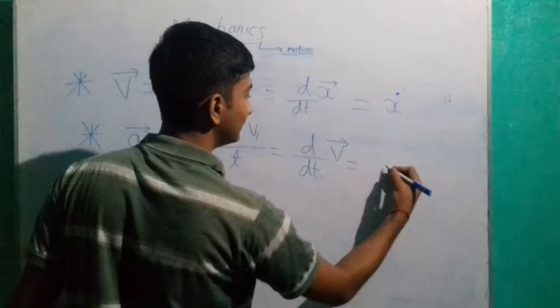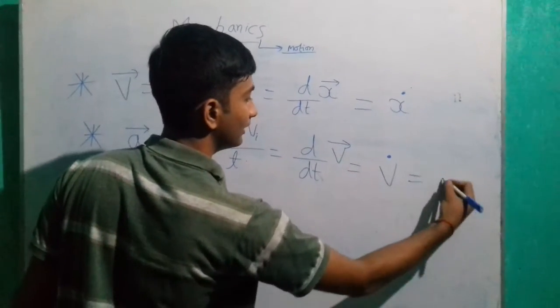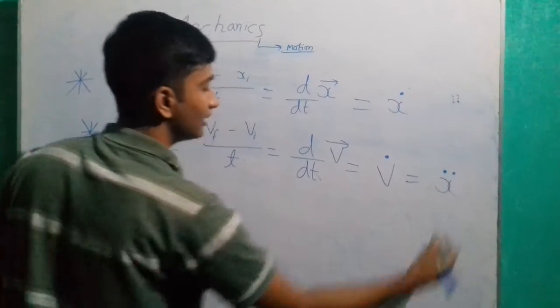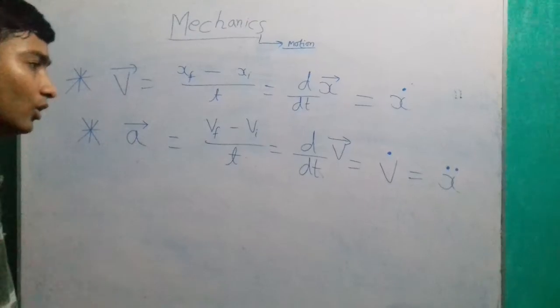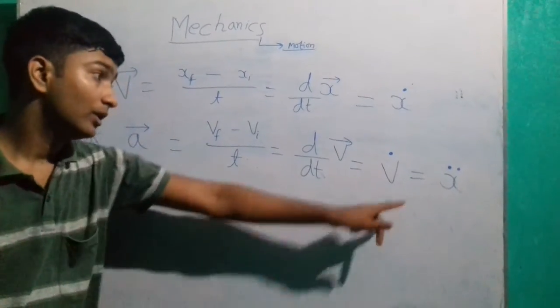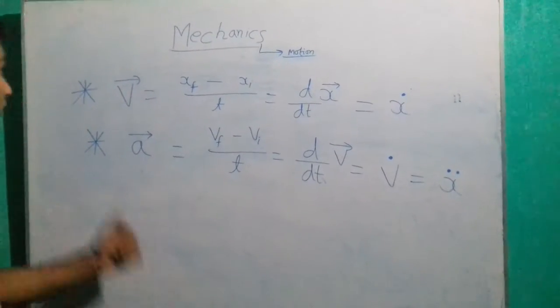So we can write this as v dot or x double dot. Means if we have displacement and we want to know the acceleration, then we have to find the second derivative of the displacement vector. So this is our basic thing.